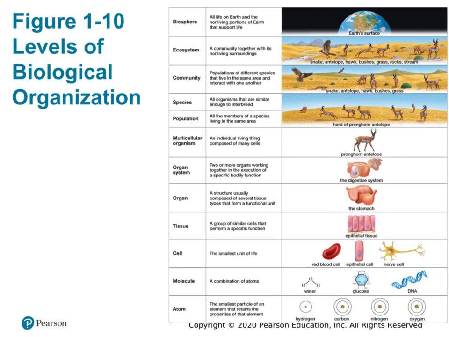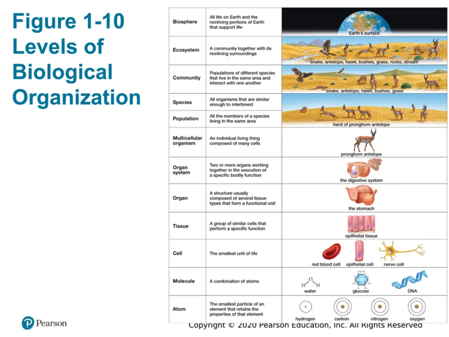Figure 1.10 in your book is a great resource to go back and look at. It not only gives you the definition for all of these levels of biological organization, it also gives you a picture example. So, for example, Earth's surface, because that's where all the ecosystems are, that's the biosphere. Looking at a food web plus the environment or non living surroundings, that's an ecosystem.